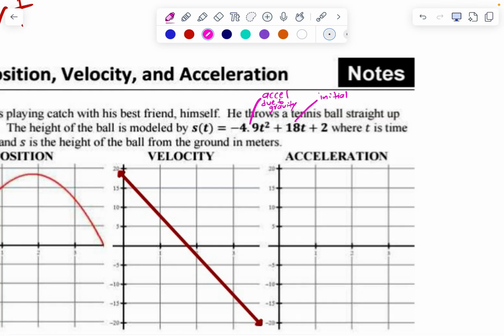And then the term in front of just t, that's your initial velocity. Again, sign matters. If this said negative 18, that means I threw it down, which you might do if you're up high and you're throwing something down lower. And then the 2 is your initial height.